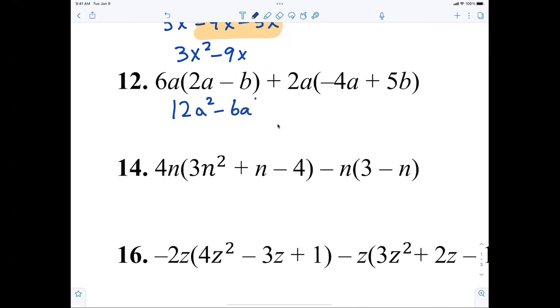Go. It'd be 12 a's. Yes, sir. Negative 8a. Why is it plus? Oh, negative. So negative 8a to the second. Yes. And plus 10 what? Alphabetically.